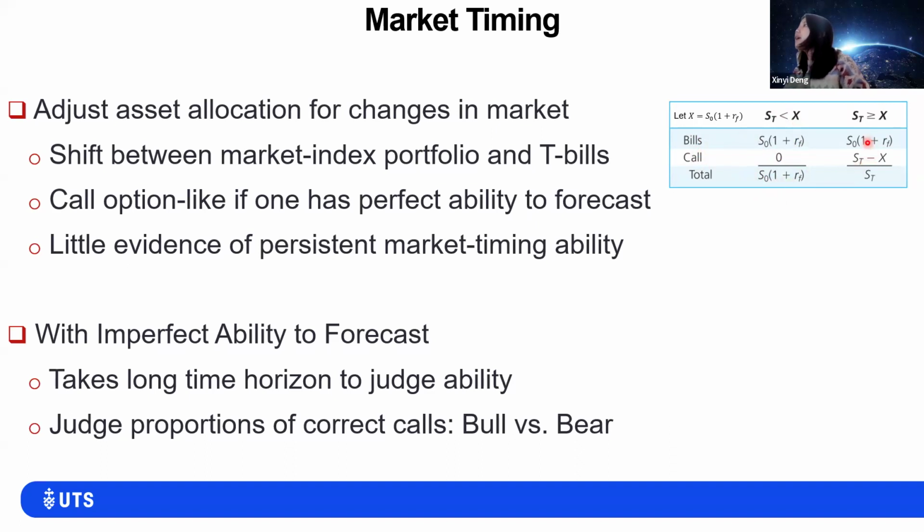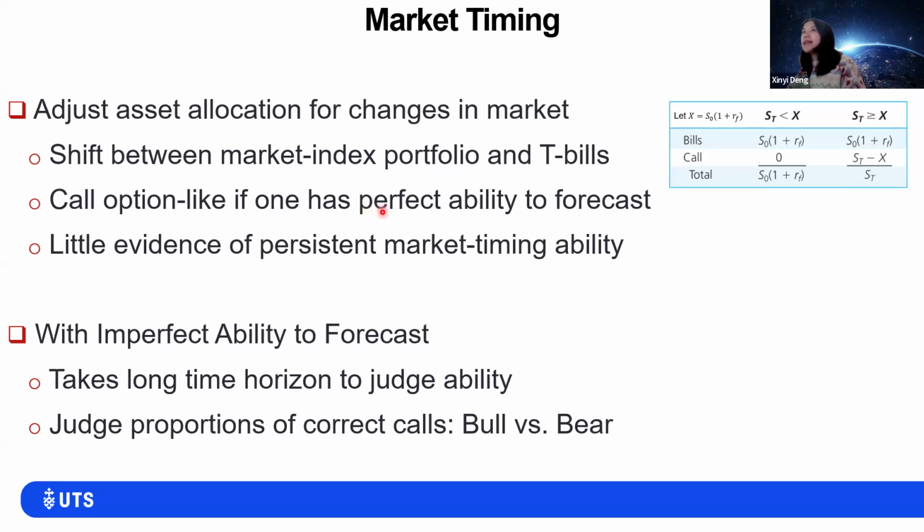And the summation of the payoffs of bills and the call option when ST is greater than or equal to X is just S0 times 1 plus RF plus ST minus X. And this leads to actually just ST. So that's just an explanation of how we can evaluate the market timing ability, the market timing performance, by looking at it as a call option.